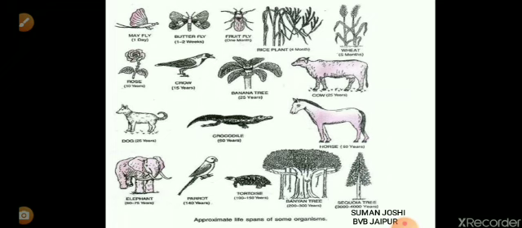Both are the same genus, but look at the different lifespan of both of them. The banyan tree has a lifespan of 200 to 300 years and the peepal, that is Ficus religiosa, has a lifespan of 2000 years. So there is no relation between the size of the organism and its lifespan.